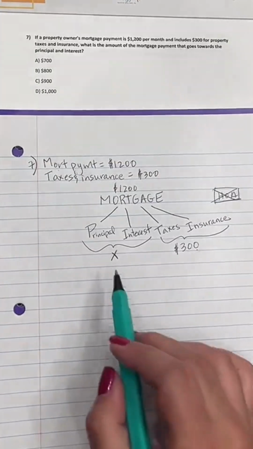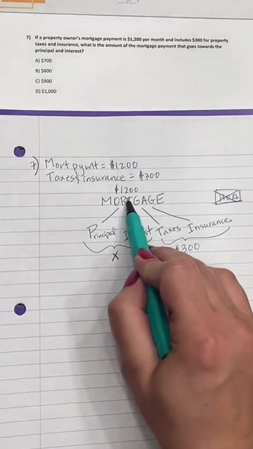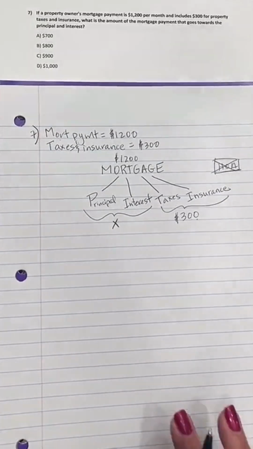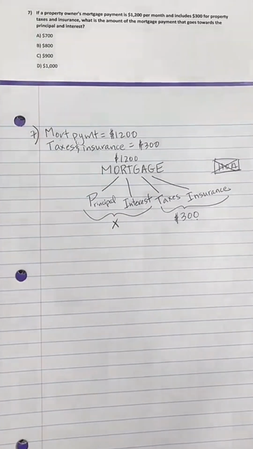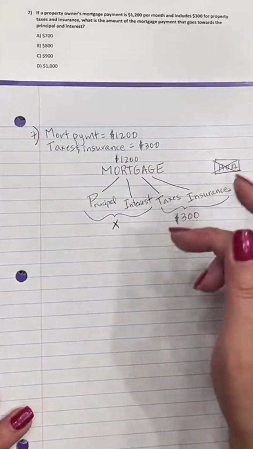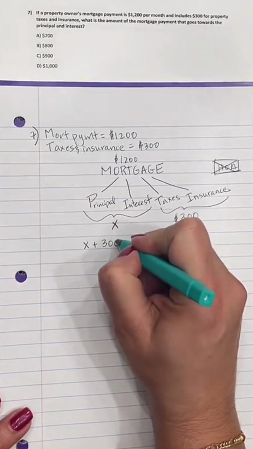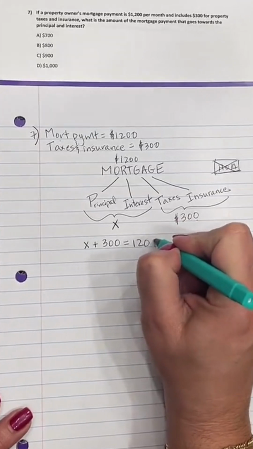That's all we got to do. Because remember, this plus this equals this. It's like algebra. Okay, I know that you guys don't want to hear algebra, but you do that all day long. People are like, oh, when will I ever use algebra in my life? Right now. That's exactly what you just did in your head. So basically in algebra, this is written x plus 300 equals 1,200.